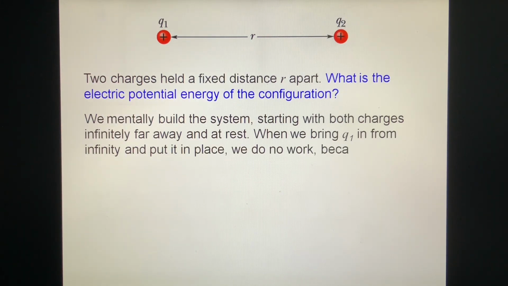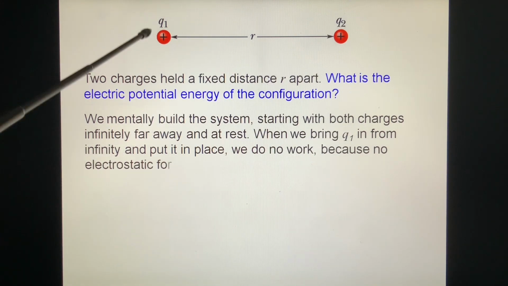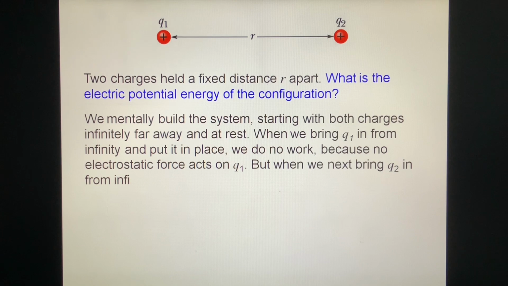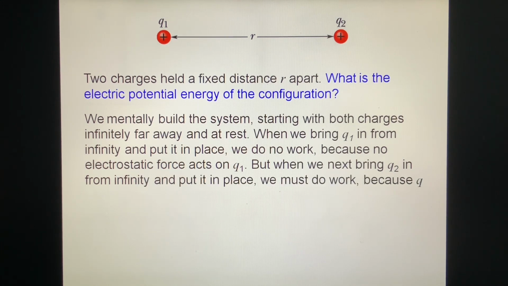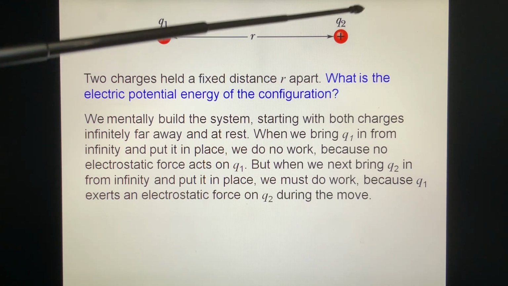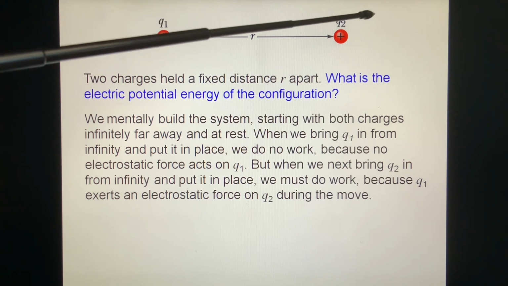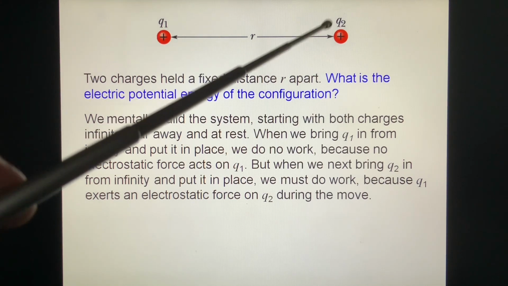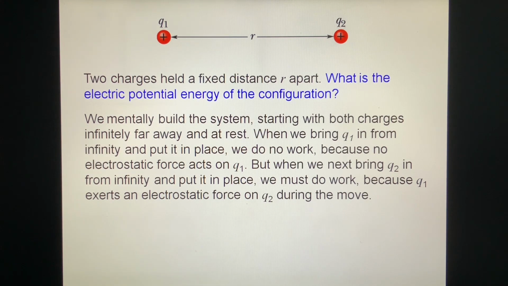Then we bring Q1 from infinity and put it in place. We do no work because no electrostatic force acts on Q1. But when we next bring Q2 in from infinity and put it in place, we must do work because Q1 exerts an electrostatic force on Q2 during the movement.